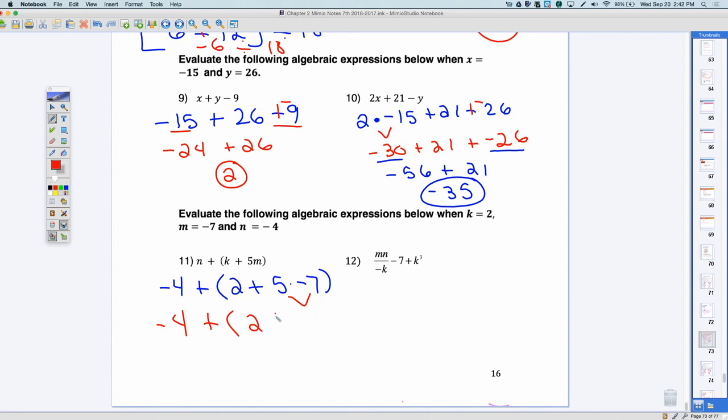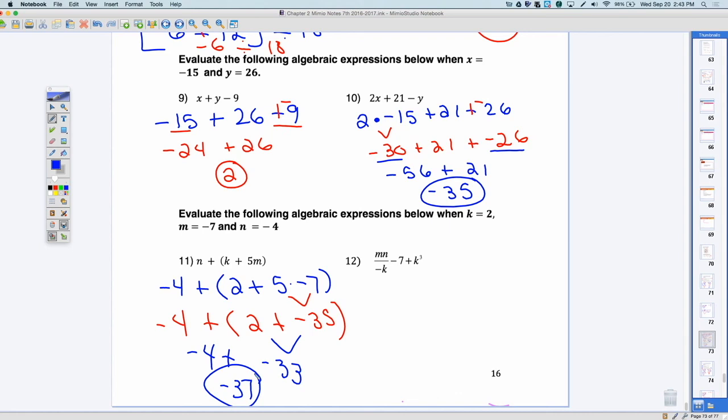So -4 plus 2 plus, and then we have 5 times a -7, which is -35. Still inside the parentheses, we're going to add 2 plus a -35 to give you -33. Bring down your -4 plus a -33 to give you -37.